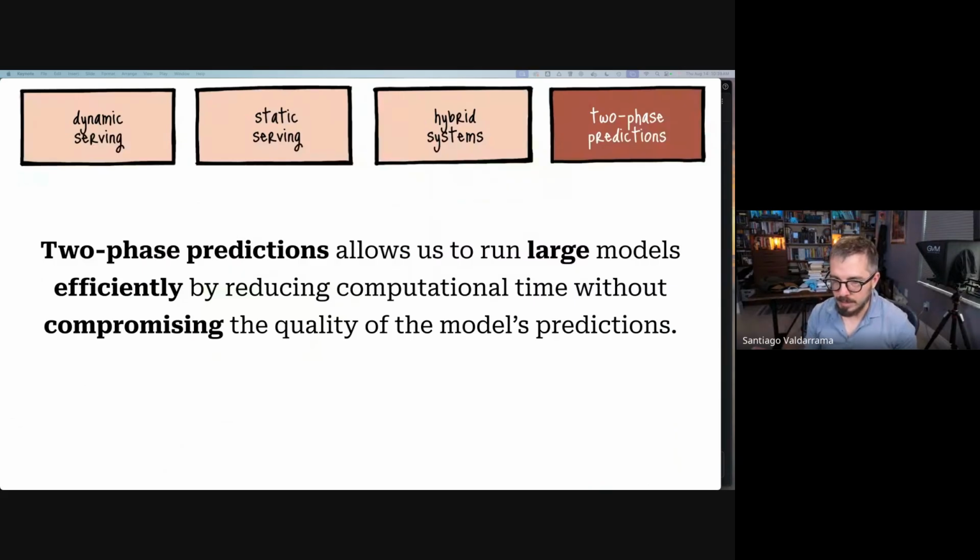Cool. Here is another strategy that you will also find, and it's a two-phase prediction. I would say everyone here has experienced this, right?